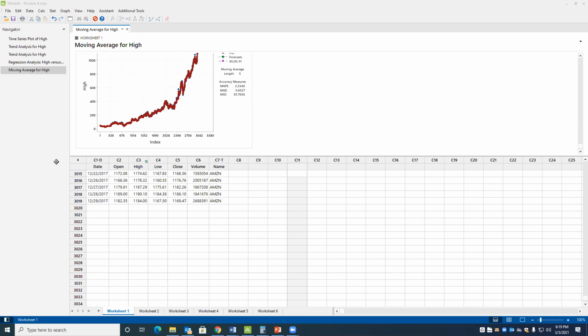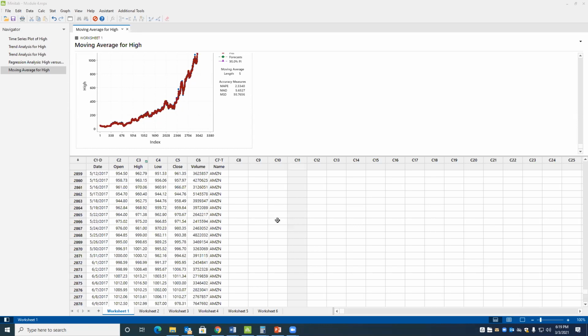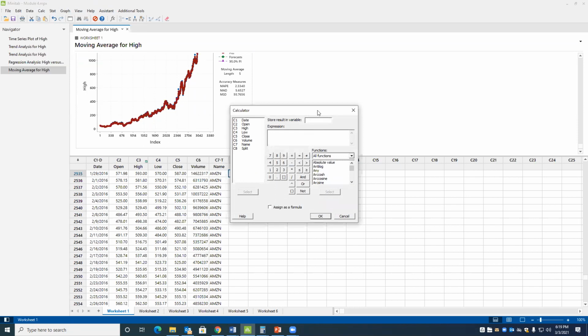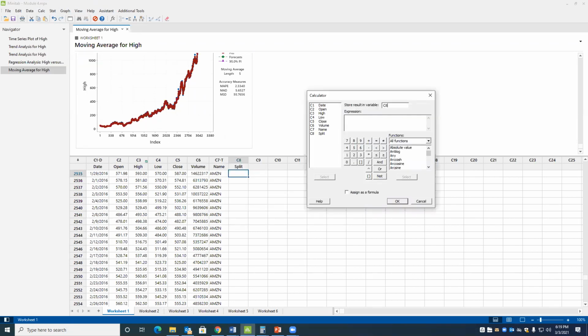For example, let's say I'm just going to do a split here. I'm just using simple mathematics, and I'm going to calculate and store results in C8. And let's say the stock is split into 2 stocks. So I'm going to divide by 2. Is it making sense? Yes.